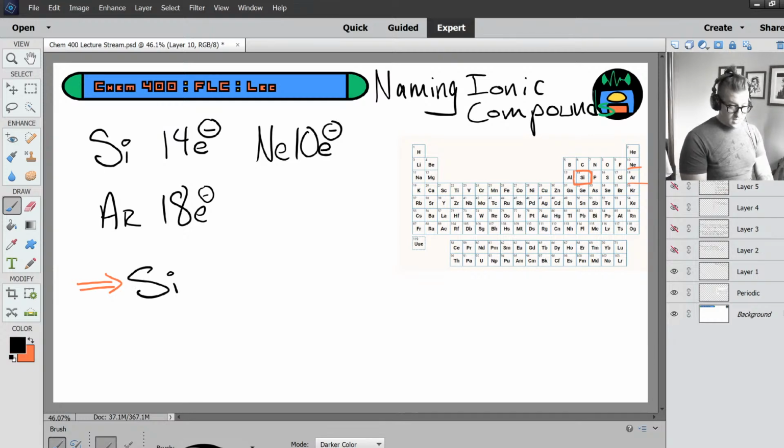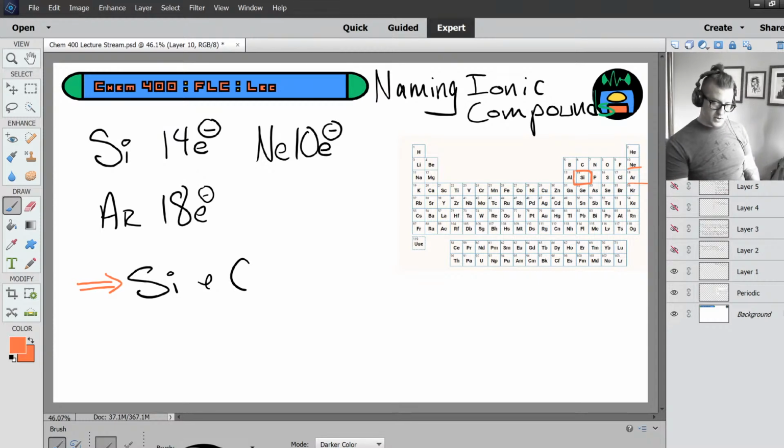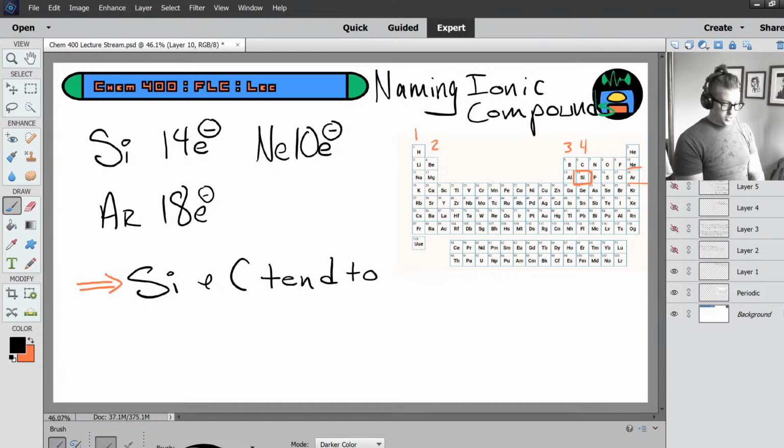Silicon and carbon, this column in the periodic table, it's column 1, 2, 3, 4. It's the 4th column in the main group. Silicon and carbon tend to form covalent bonds. Covalent, not ionic.